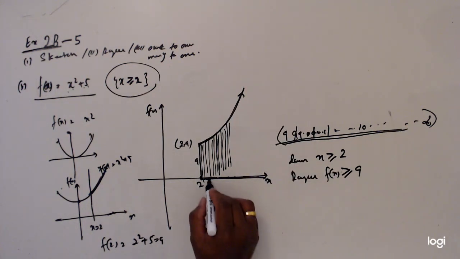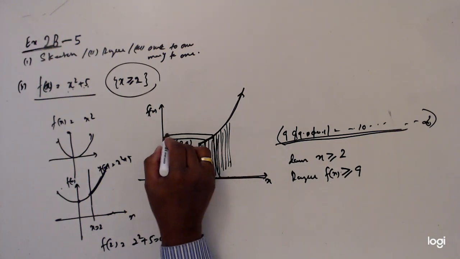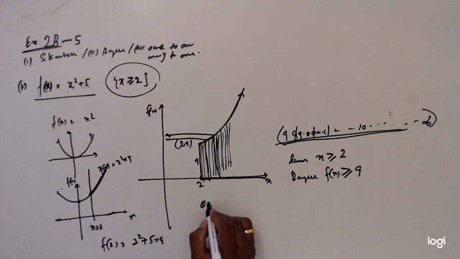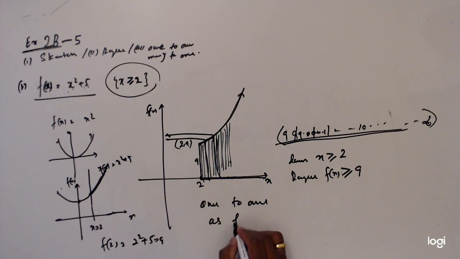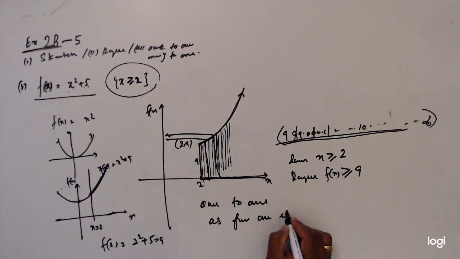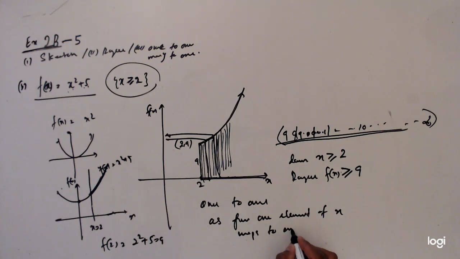So we can see that for one x value, one y value, one x value, one y value, the function is 1 to 1, as one element of x maps to one element of y.